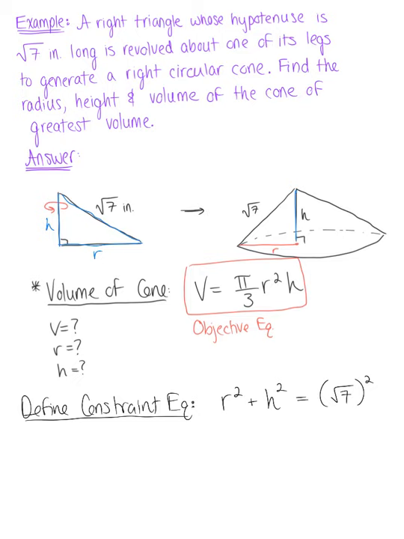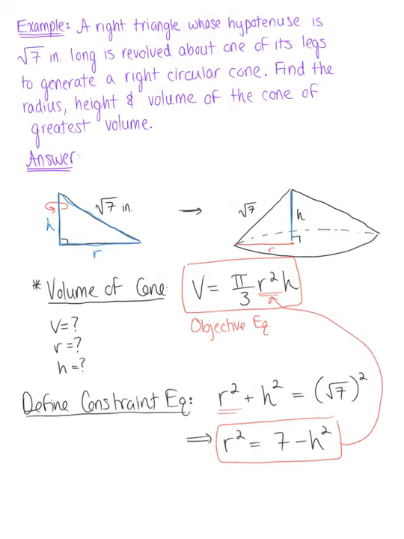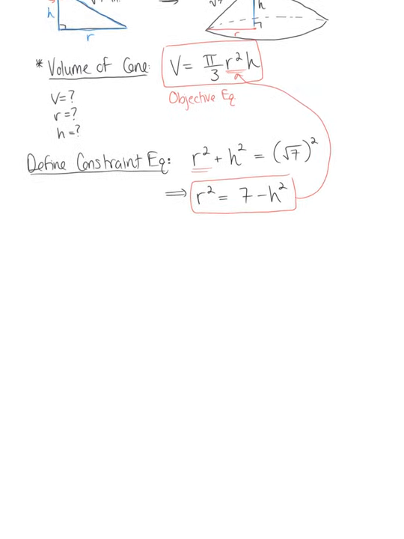Looking at our objective equation, we see it contains an r squared, just like our constraint equation. So we can solve our constraint equation for r squared: r squared is equal to 7 minus h squared. We plug this into our objective equation to rewrite volume in terms of just height.